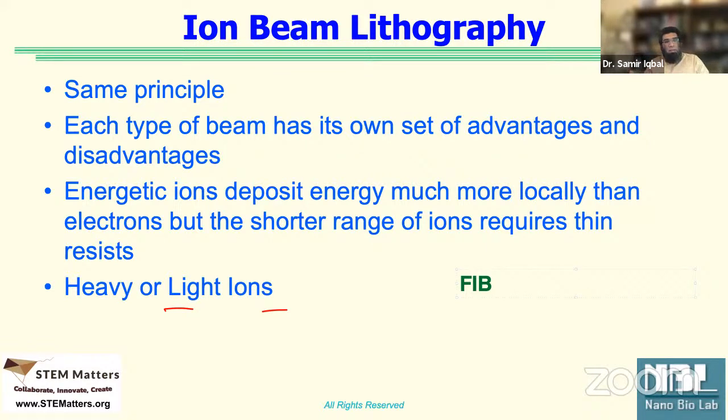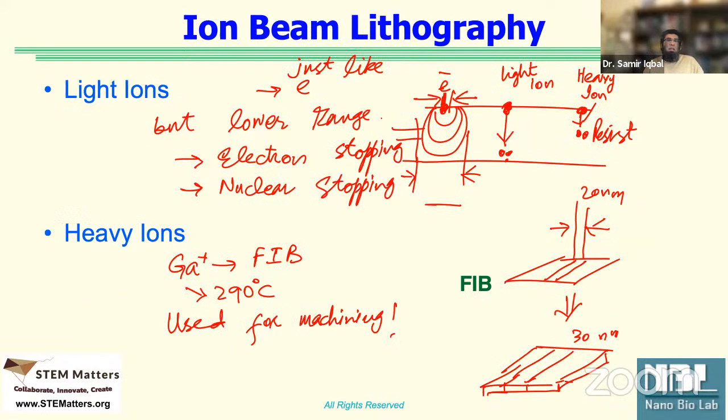So ion beam can have much higher energy. It can deposit much more energy in a localized area than electrons. But because they're big, they're fat, they cannot go too deep. But electrons can go deep in the resist. So that has its own pluses and its own minuses. If I were to compare, I would compare this right side figure.